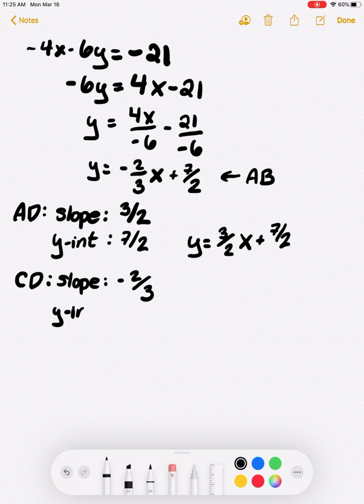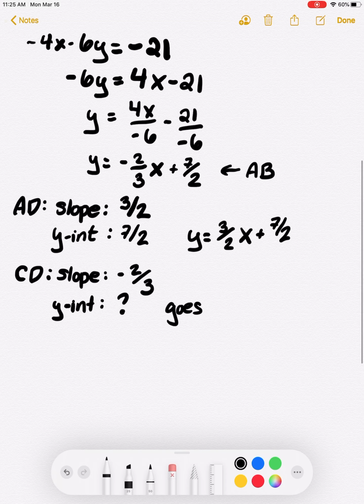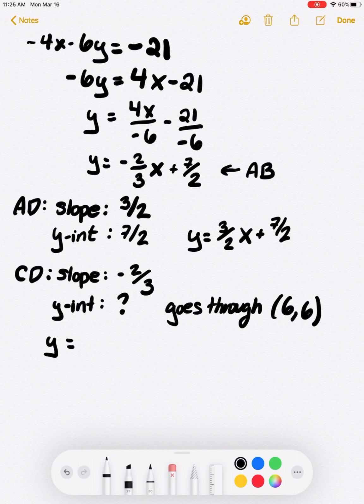And the y-intercept is going to be, well, we need to find that out. But we also know that it goes through the point 6, 6. So we can use that point to solve for our y-intercept. So I know we can start in functional form. Y is equal to minus 2/3 x plus b.